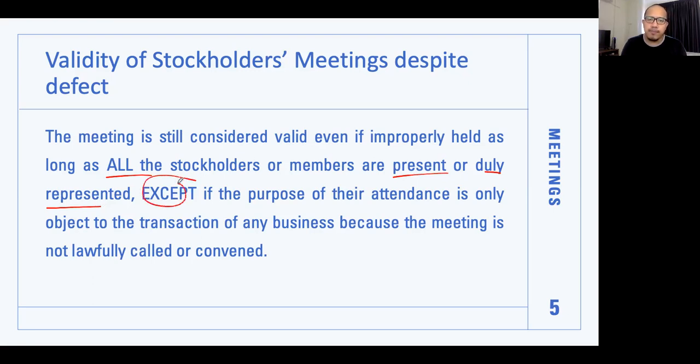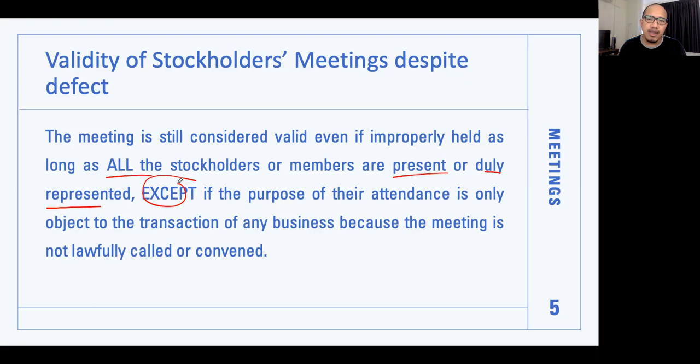Except if the very purpose of their attendance to that meeting is to object to the validity. Kunyari, umattend ako, sabihin ng isa, present tayong lahat, kalimutan na natin yung defect doon sa notice. Hindi pwede yun kung sasabihin mo na kaya ako nandito is particularly and specifically to object to the validity of this meeting. Kasi kulang kayo ng araw.